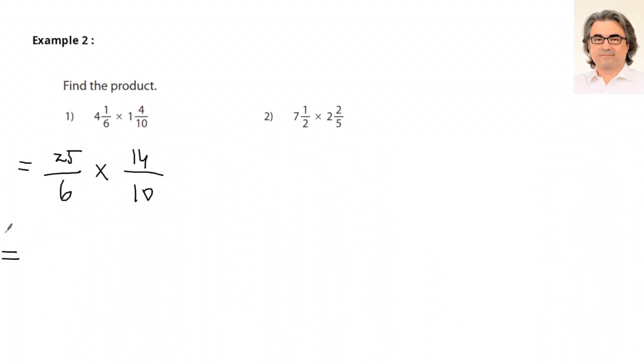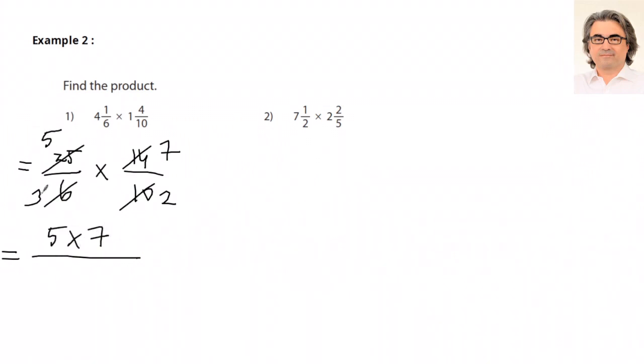What about the simplifications? Between 25 and 10, both are divisible by 5. 25 over 5 is 5, 10 over 5 is 2. What about 14 and, for example, 6? Both are divisible by 2. 14 over 2 is 7, 6 over 2 is 3. Finally, multiply 5 with 7 and 3 with 2.